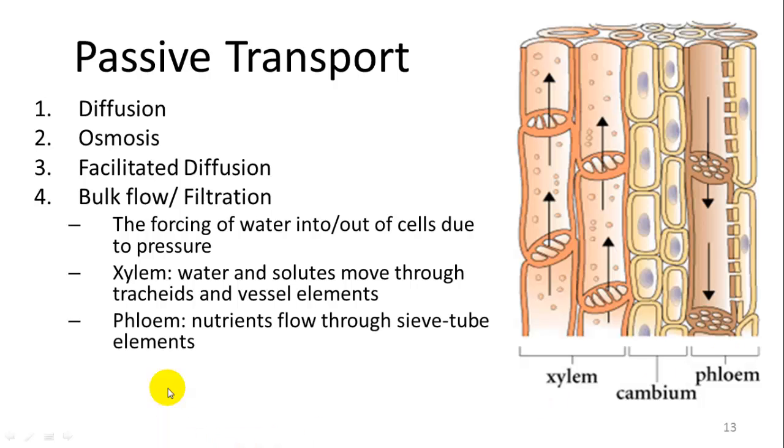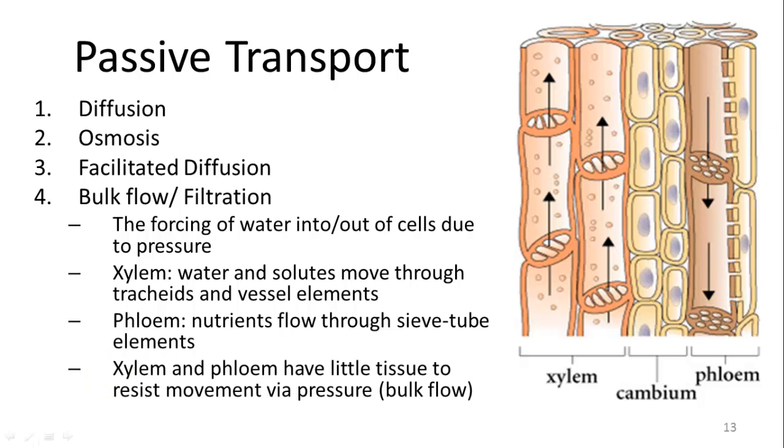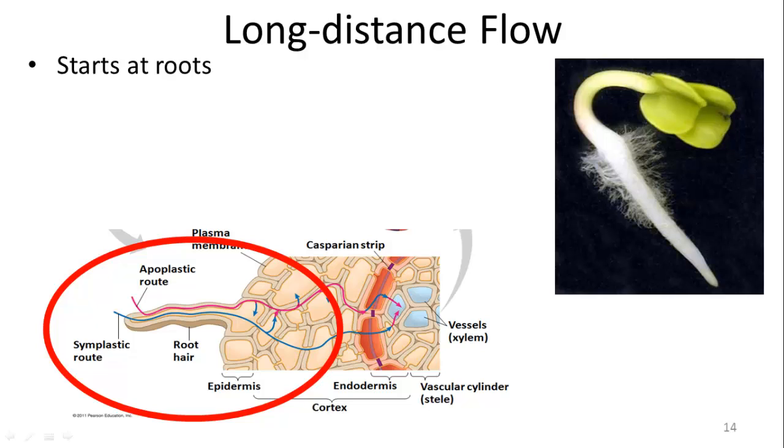In the phloem, nutrients flow through sieve tube elements, right here. The xylem and phloem have little tissue to resist movement via pressure or bulk flow. So whatever pressures are exerted, generally from one end to the other, can move water and sugars and other things through.